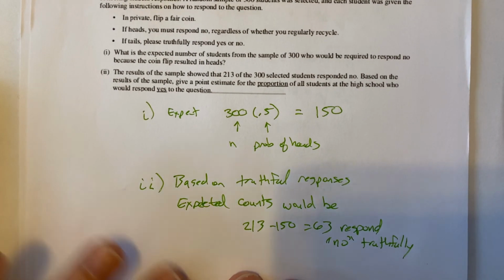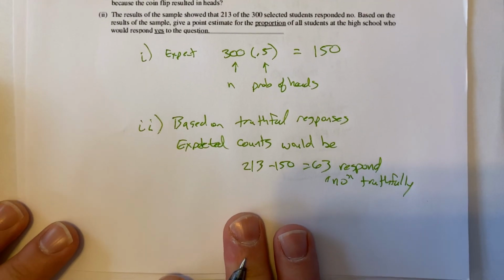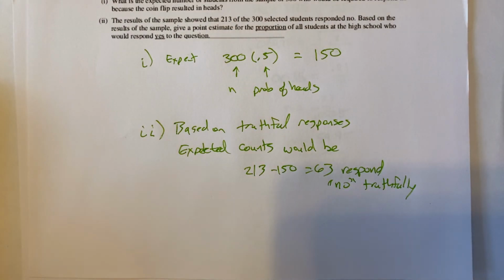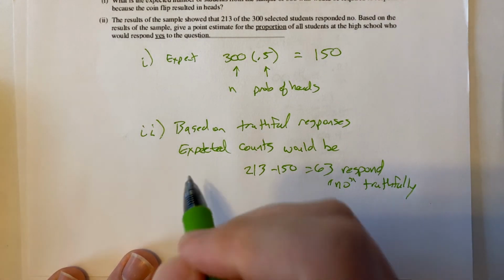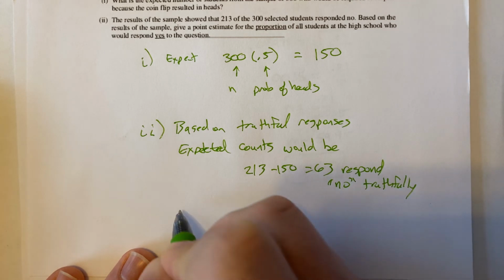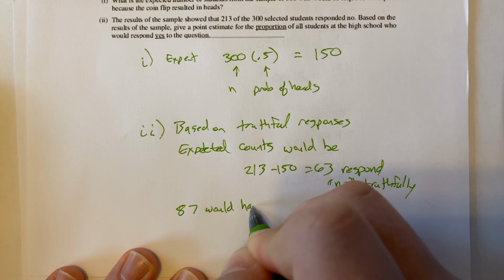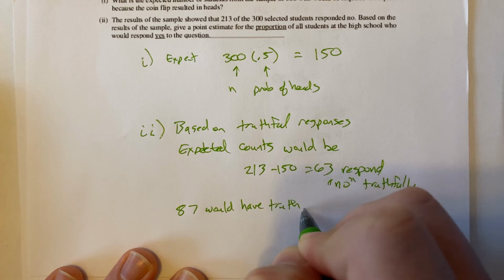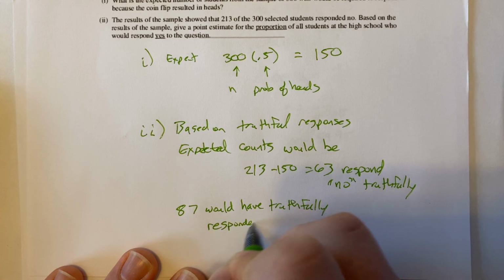And what we can use that for is just to flip that around and find the percent who would have said yes. And that leaves us with 87 that would have responded truthfully yes.